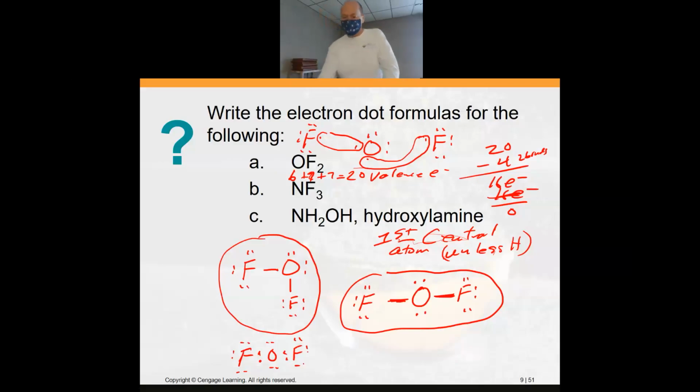All right, and when we do NF3, all right, so N is going to have 5 electrons. If you look on the periodic table, it is in column 5. All right, I have 3 Fs. Each F is going to have 7. And note how I'm going to line these up. I can write the 7 any way I want.